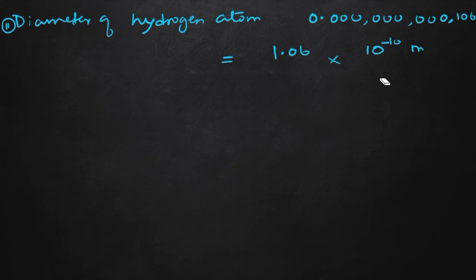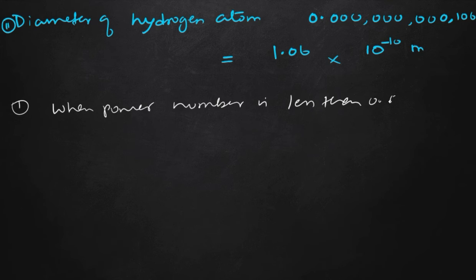Again, there are some notes. The first note is that the power number, or index, rounded to the nearest whole number, is equal to the order of magnitude. When the number is less than 0.5, then the order of magnitude is 0.